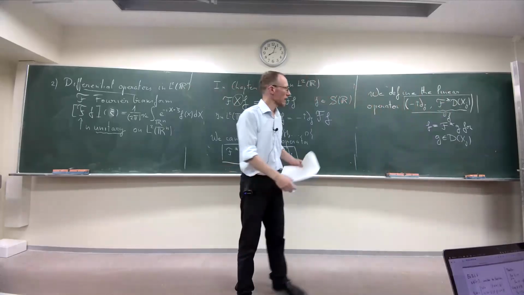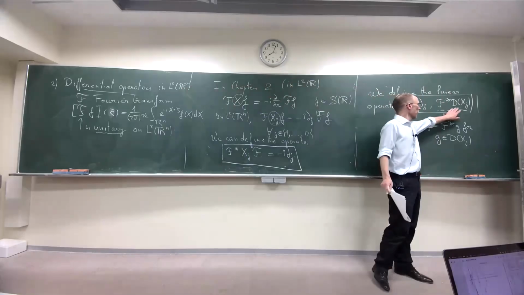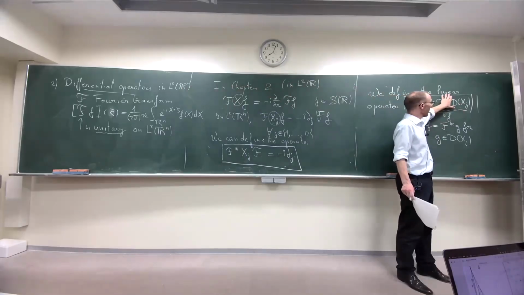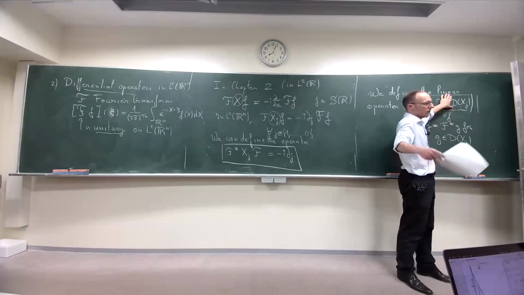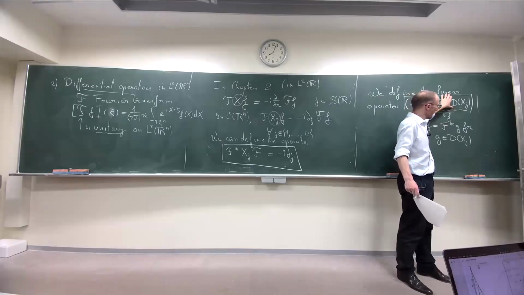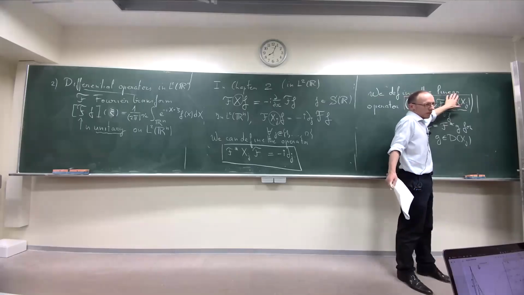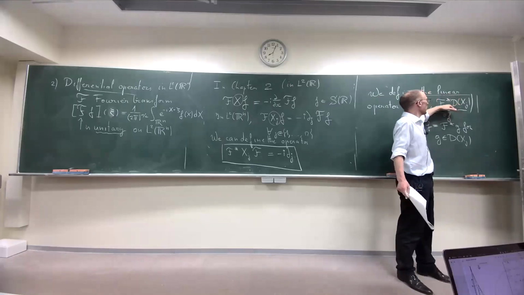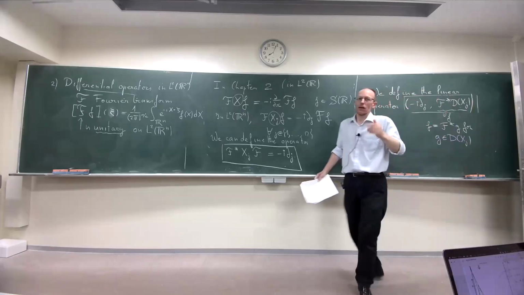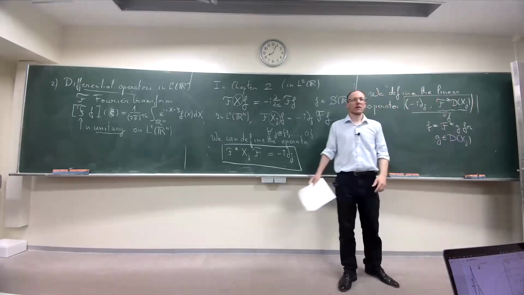Why do I present it like this? Because it's more difficult to have a feeling about this domain. The domain of xj is easy. We know it's the set of functions such that you can integrate when you multiply by xj. Now, this is a subset of the Hilbert space. You need to take the Fourier inverse of this, and it gives you the domain of this.